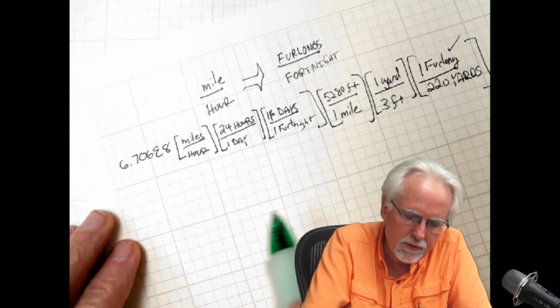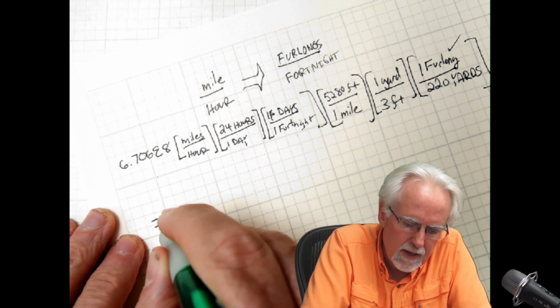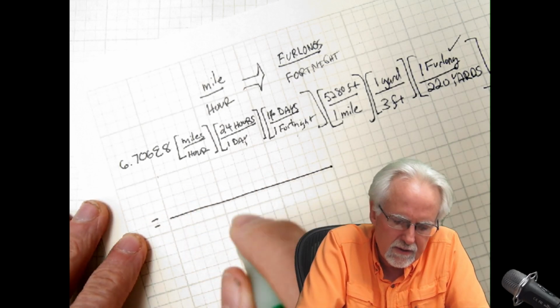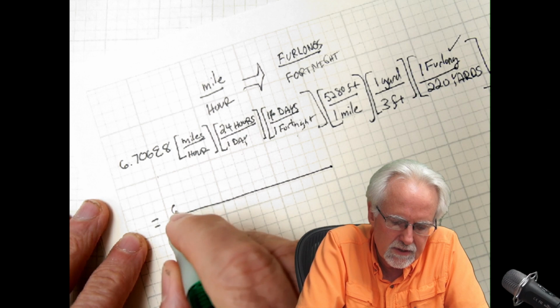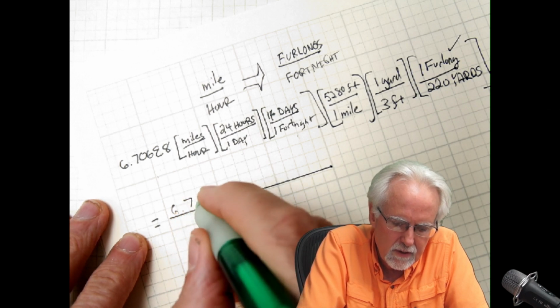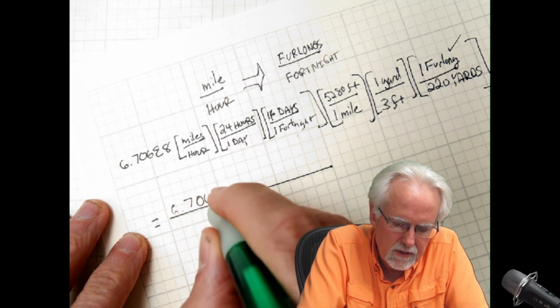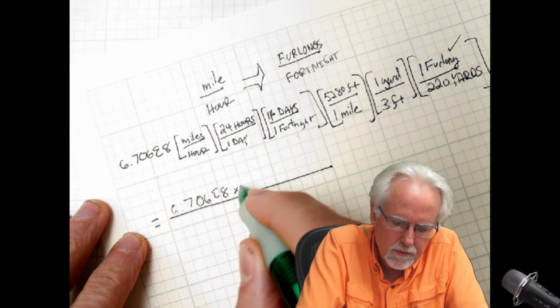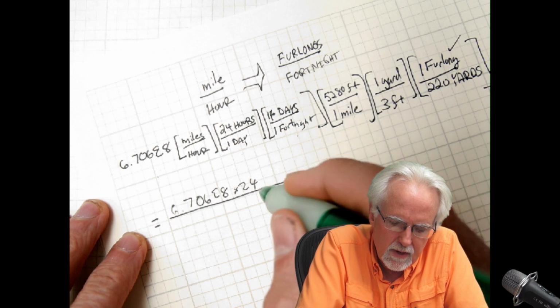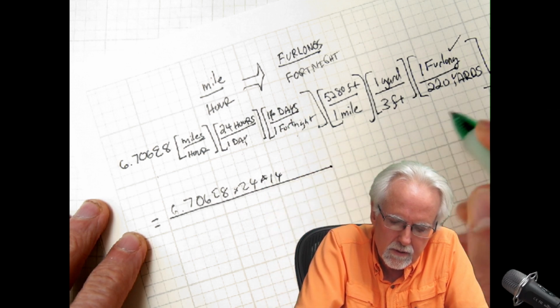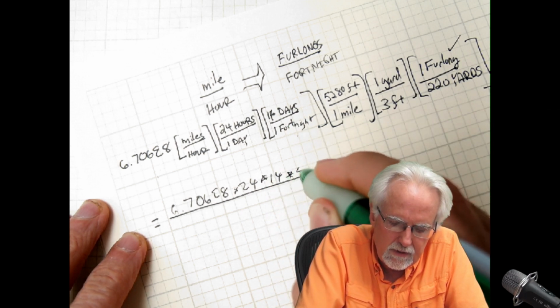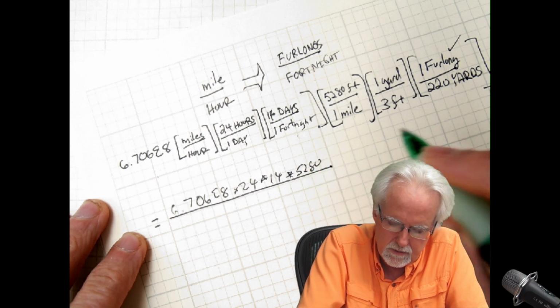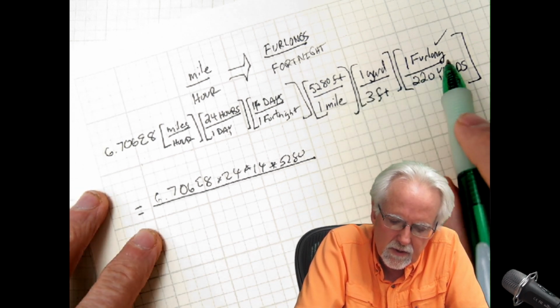So then what I will do is multiply all my numerators and all my denominators together. So this is 6.706 e to the 8th times 24 times 14 times 5280, and that's all that I have up there.